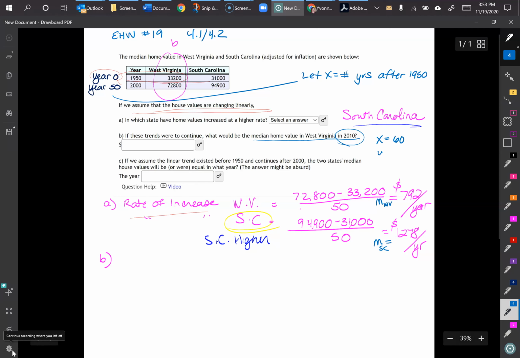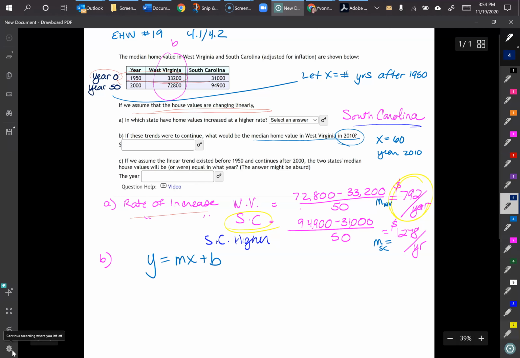So that's for year 2010. Obviously, this is old because we're up in 2020 now, but that's okay. You get the idea. So first thing I want to do is set up a y equals mx plus b situation. I know what my slope is already for West Virginia, so that's this one here, the 792.